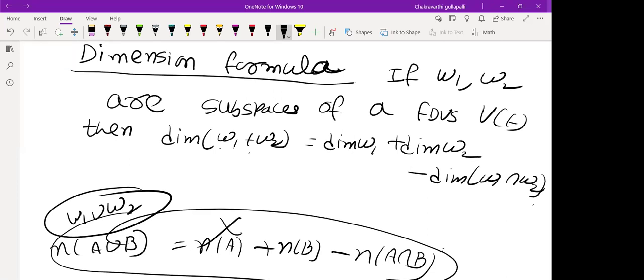So how can you write dimension of W1 union W2? It has no meaning. This formula is valid only for plus, very important.